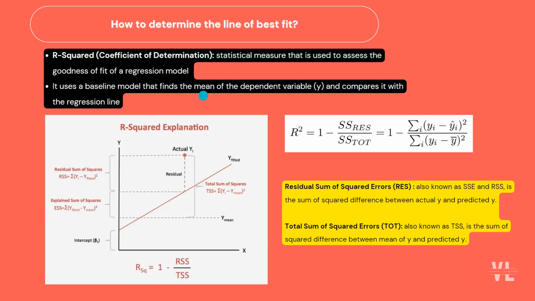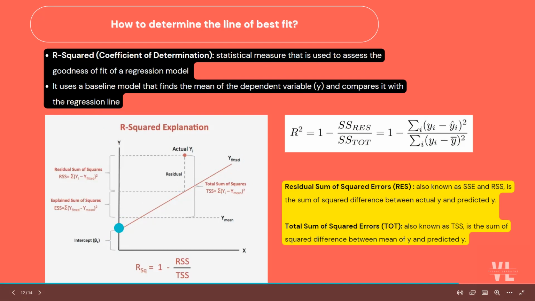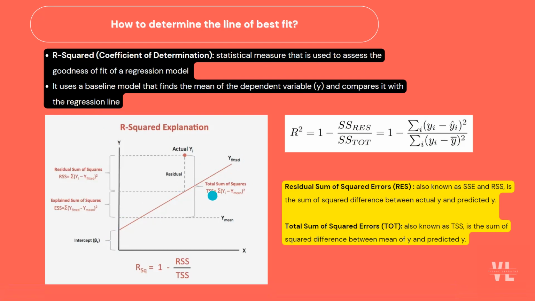We might find a different regression line at different points when we come up with a different set of parameters. So R squared is a function that's used to select the best line of prediction that could mimic the data distribution.